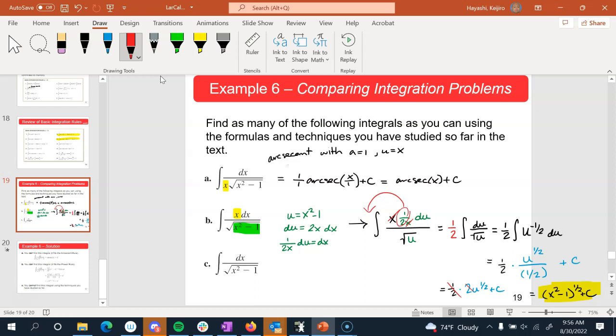There's no x on the top to allow you to do a u substitution. This last one, there is no way to integrate this with what we know now. Not integrable.